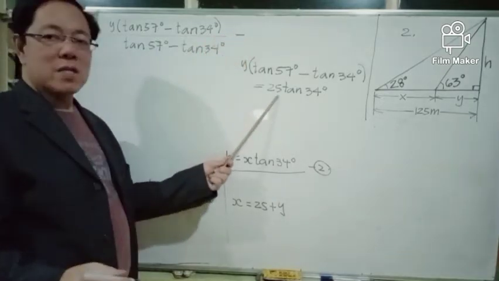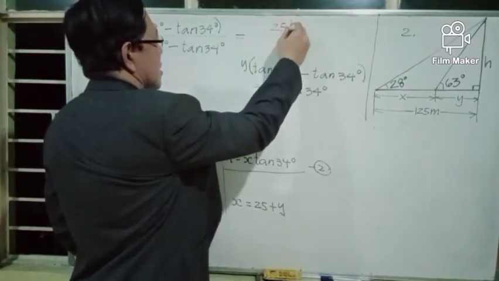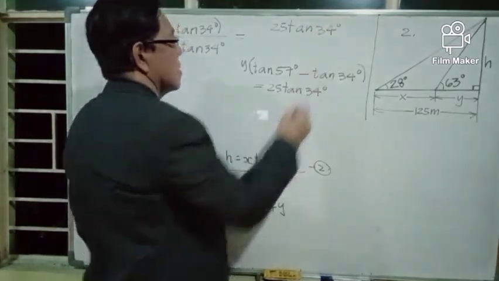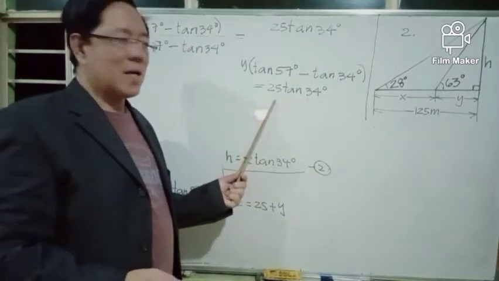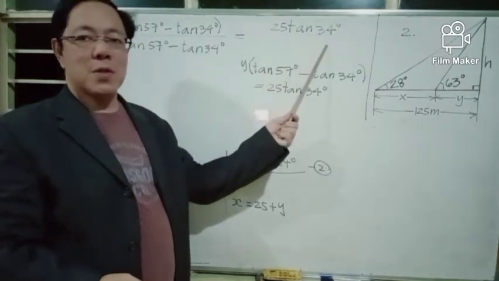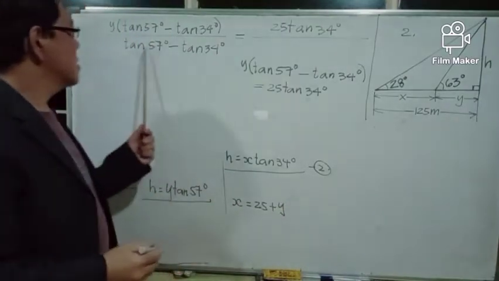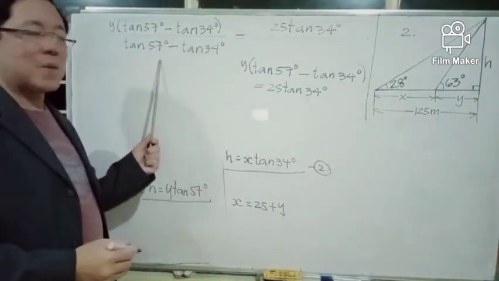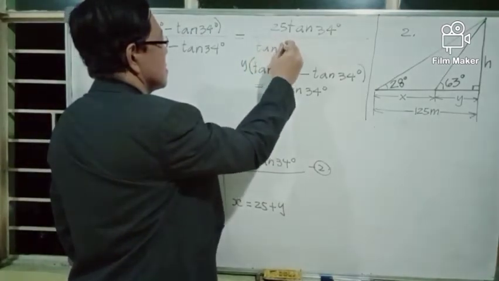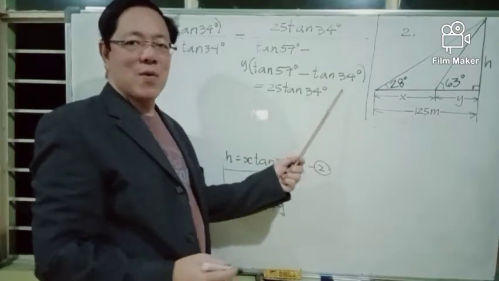It is equal to 25 times tangent of 34 degrees, and we also divide the right hand side by the same difference, tangent of 57 degrees minus tangent of 34 degrees.